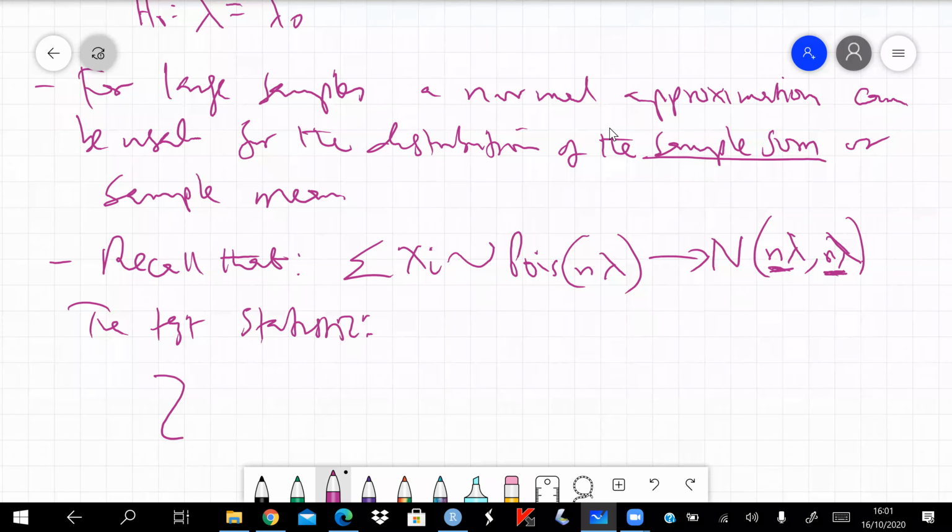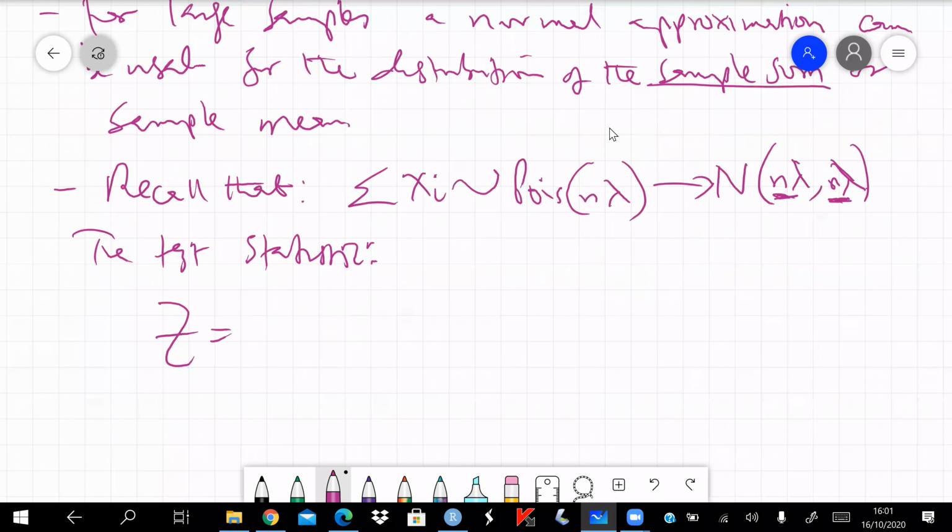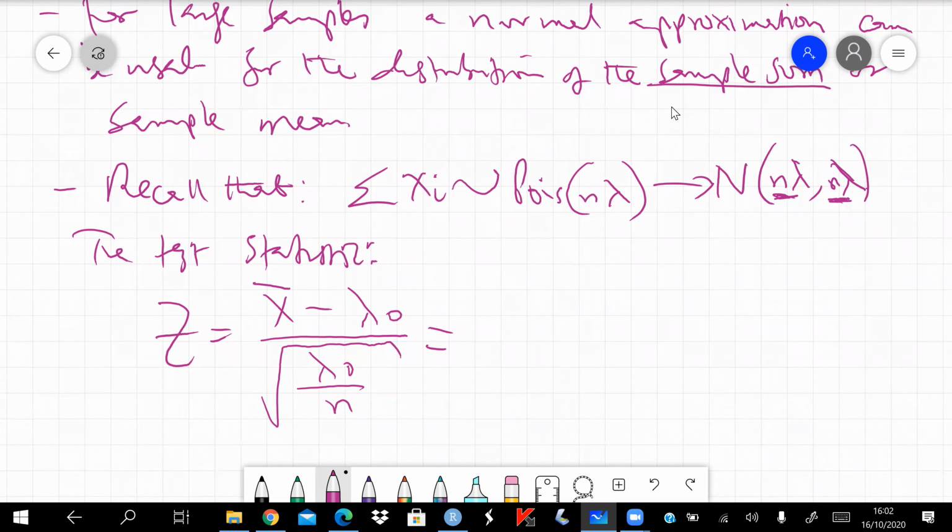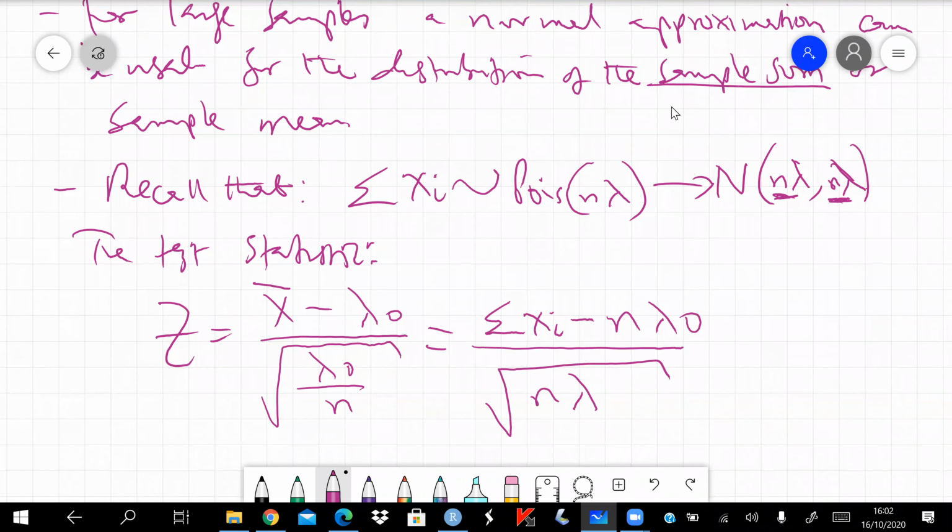in this case will be given by z is equal to, there are two options. You can have x bar, the sample mean, minus lambda naught, which is the hypothetical lambda, divided by the square root of lambda naught over n, which is equivalent to, if you want to use the summation of the number of successes, summation of xi minus n lambda naught divided by the square root of n lambda naught.